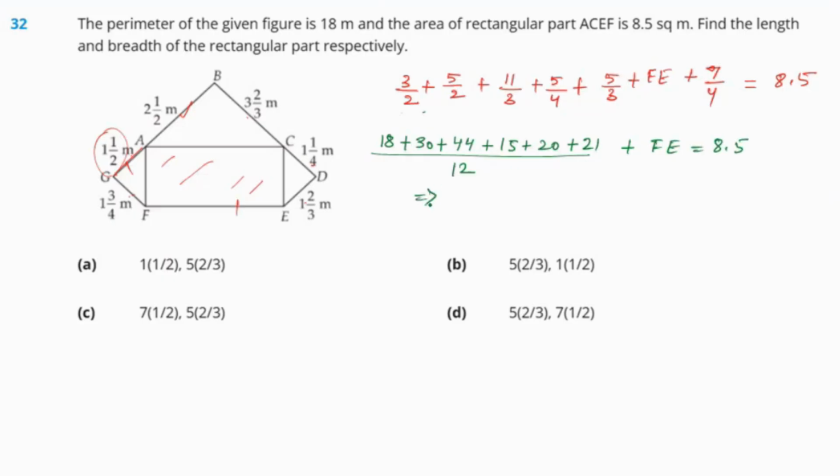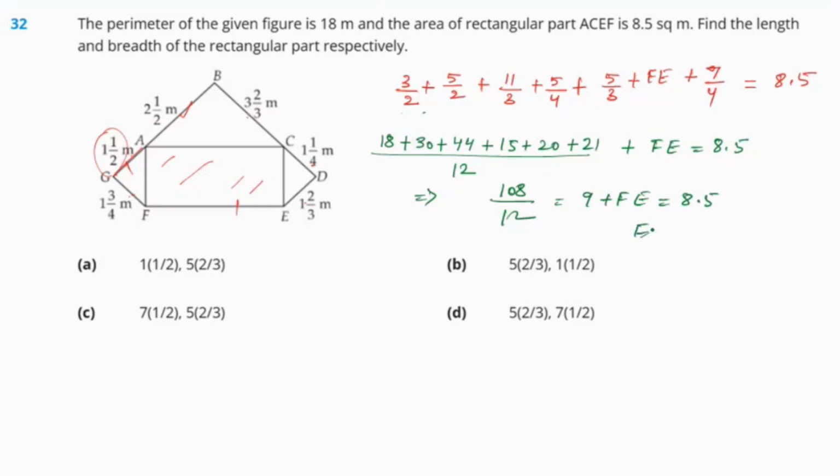When we add all of them together, 18, 30, 44, 15, 20 and 21, we get 108, and 108 divided by 12 is 9. So 9 plus FE equals 8.5.